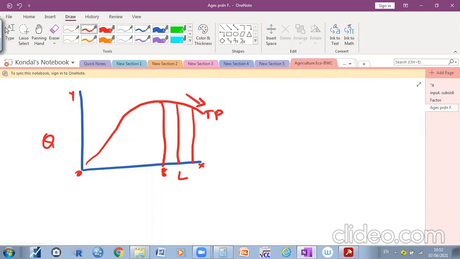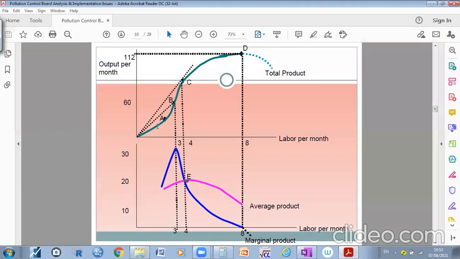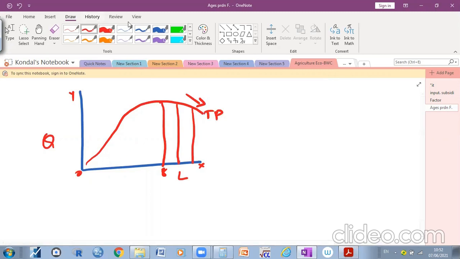And see this graph. If you take a marginal curve and average curve, for example the average curve, it comes like this, from here to here.